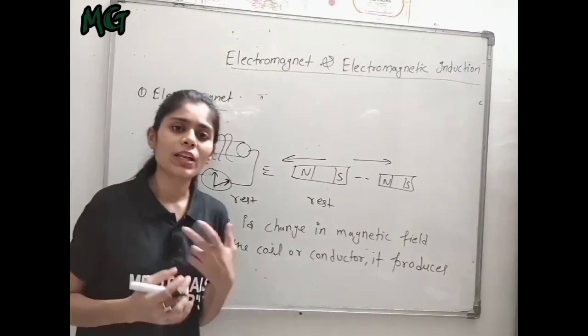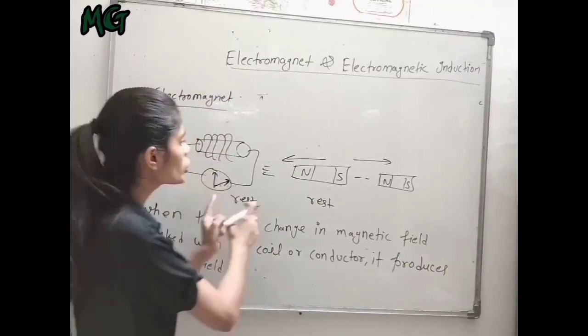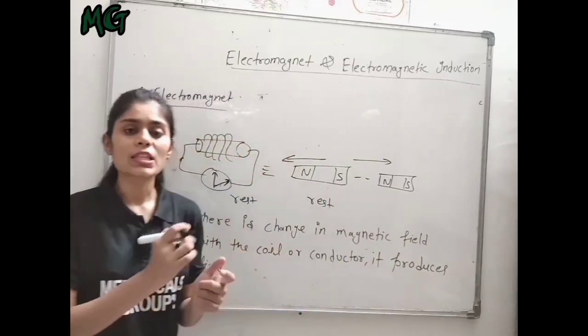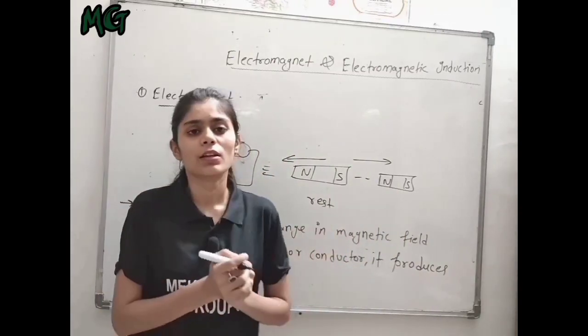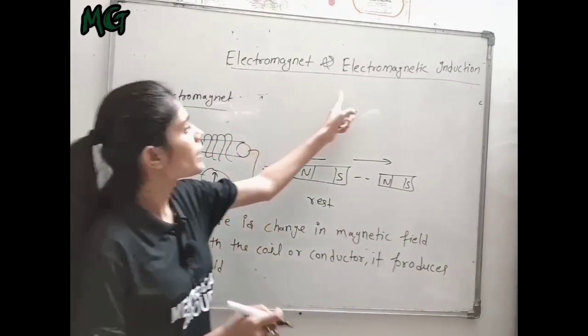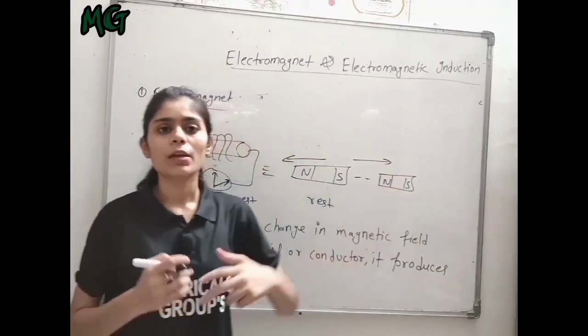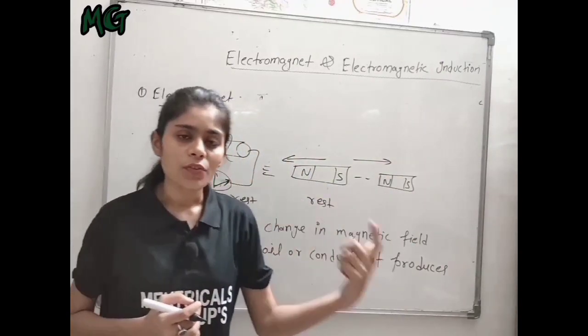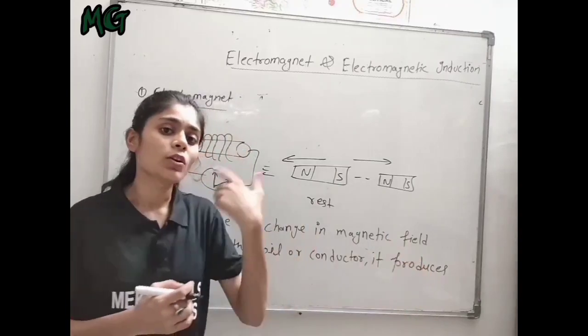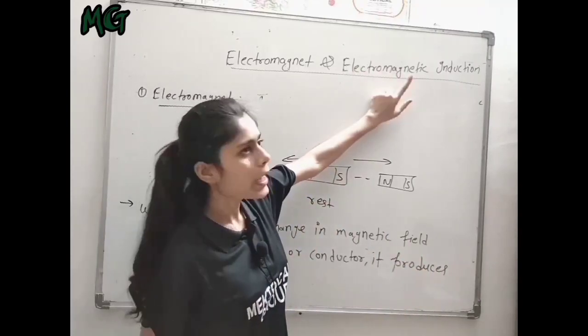This production of electric field because of the motion of the magnet, or change in magnetic field, is known as electromagnetic induction. It means generation or induction of electric field because of magnet.